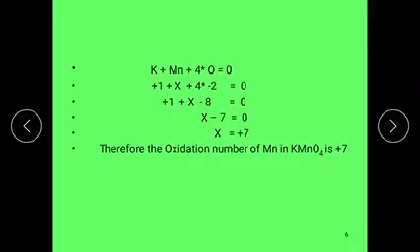There is one principle: the calculated value of any atom's oxidation number in a molecule or ion should not exceed its group number.